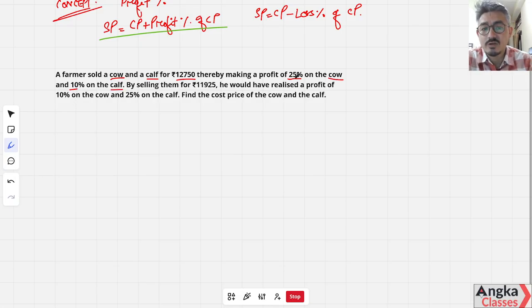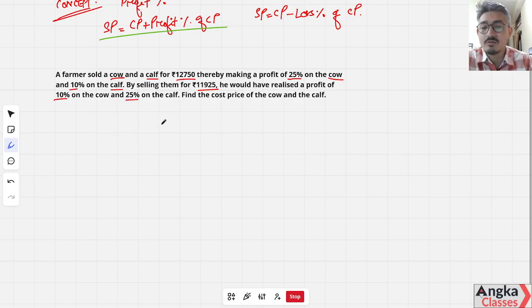Had he sold them for 11,925, the profit would have been 10% on the cow and 25% on the calf.